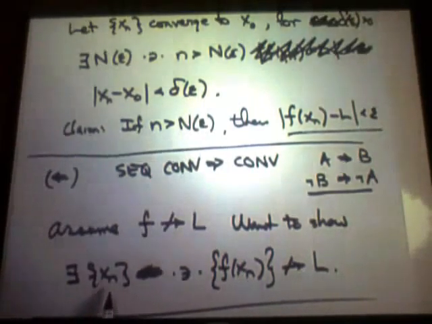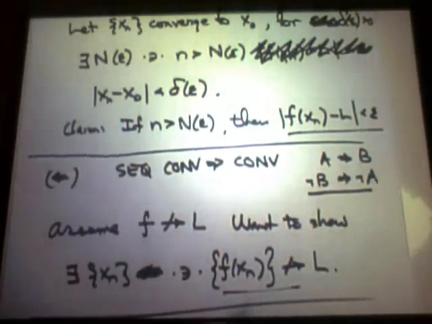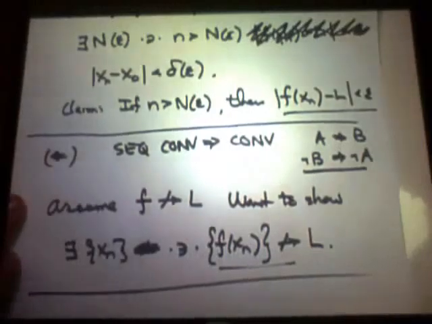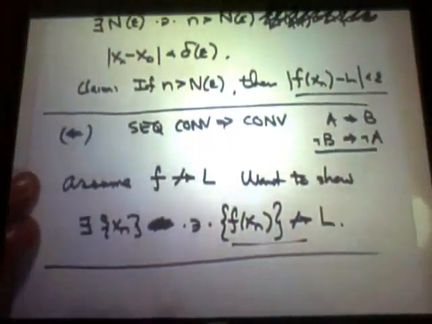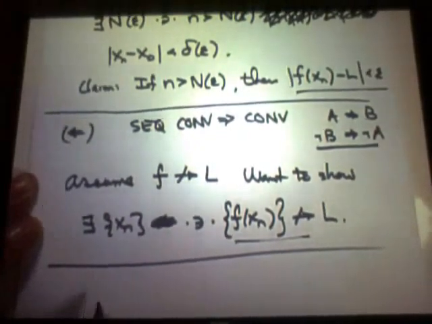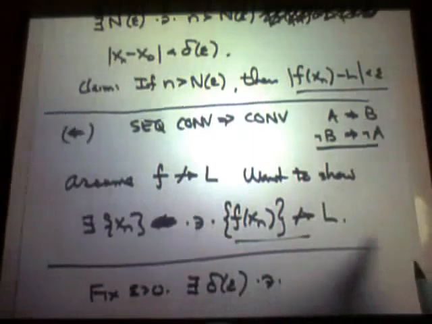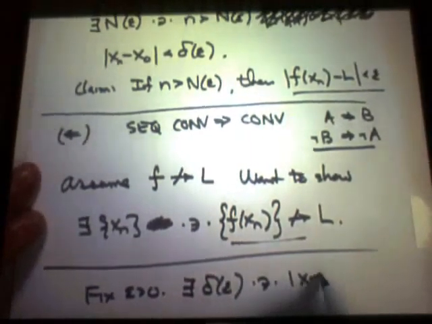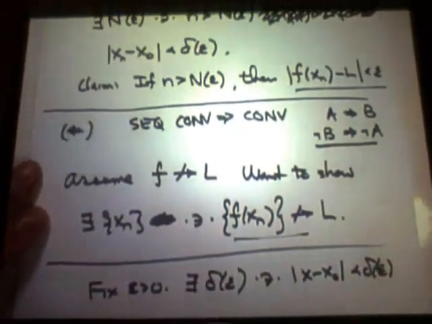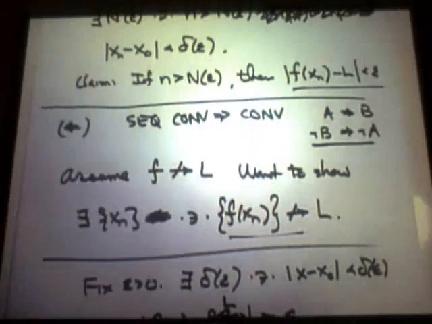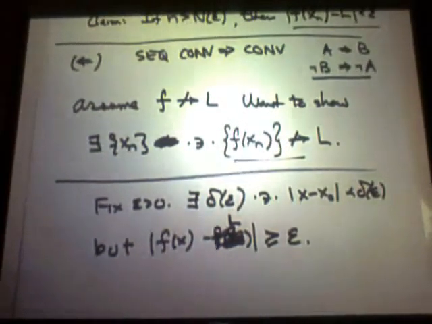Okay, so if f doesn't converge to L, that means, if we fix epsilon, there exists a delta of epsilon such that we're close, but the absolute value of f of x minus L is greater than or equal to epsilon. I keep saying x naught, but this is L. The negation of less than epsilon is greater than or equal to epsilon.